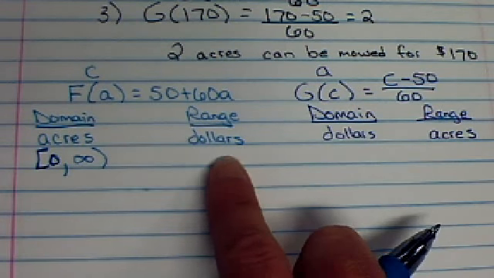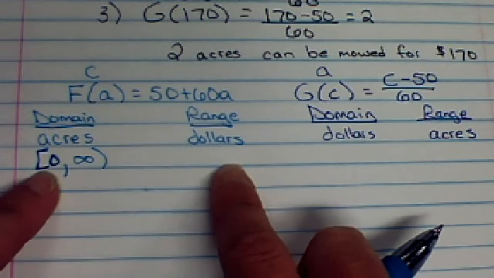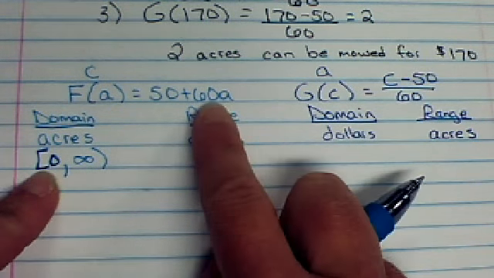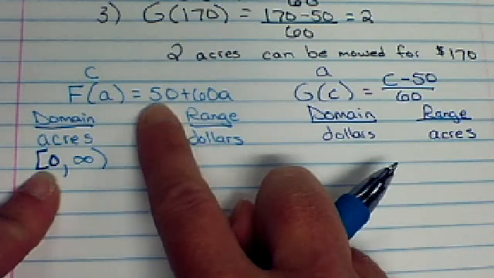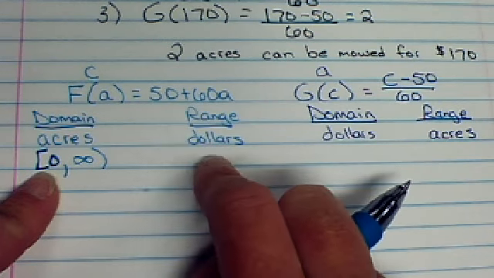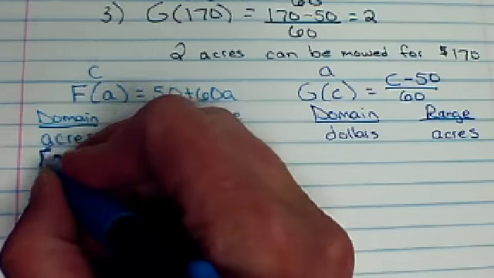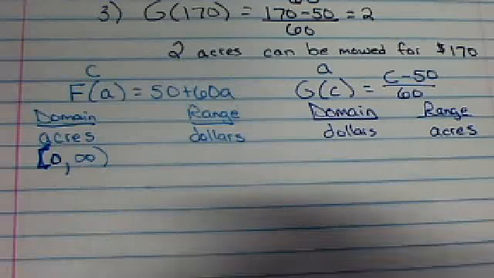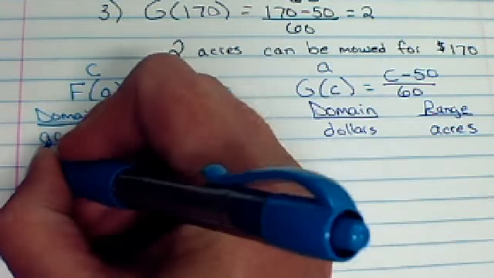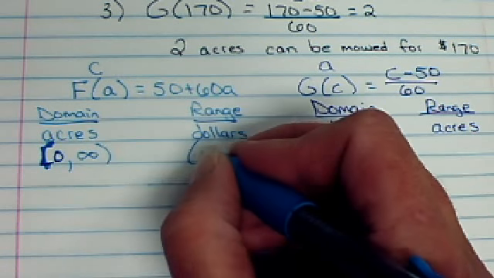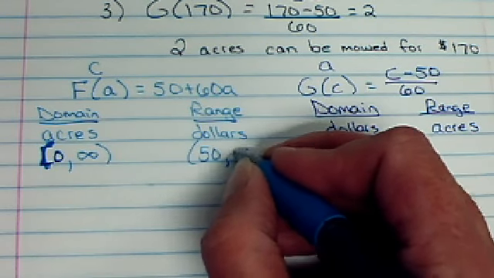Well, let's think about that. The smallest amount of acres we could do is 0. And if I plug in 0, 0 times 60 is 0. So the smallest amount they'll charge you is 50. Now, we really wouldn't have 0 acres because they really wouldn't charge us for nothing. So we're not going to include 0, and we really wouldn't include $50 because they're not going to charge you $50 if they don't come out there.